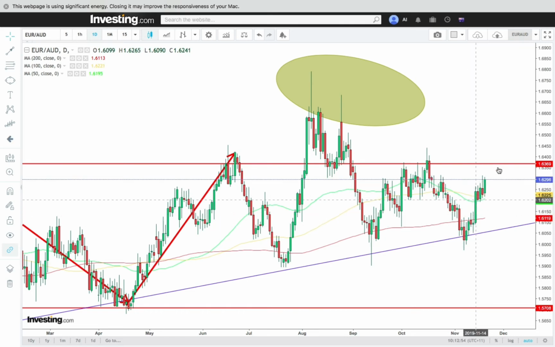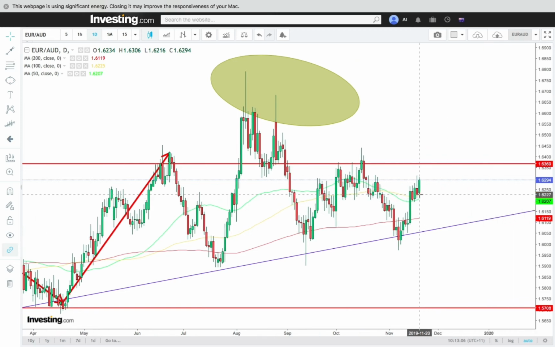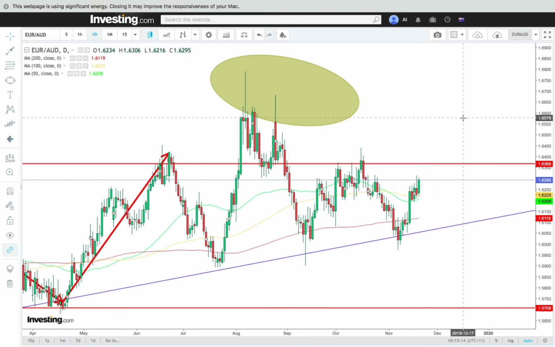See that? Now the question is, is this going to go up or is this going to go down? This is what we need to figure out. And if you can figure that out, we can make a lot of money. In my experience and understanding, even though the market goes up, it won't stay here, it will come back down.